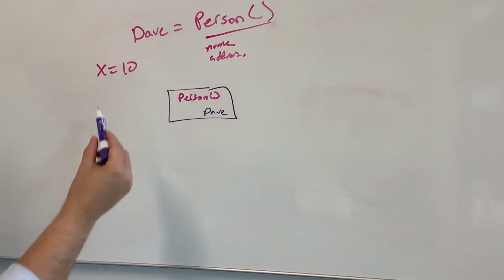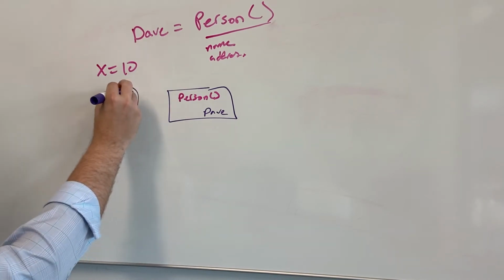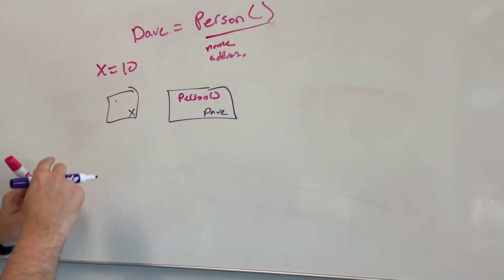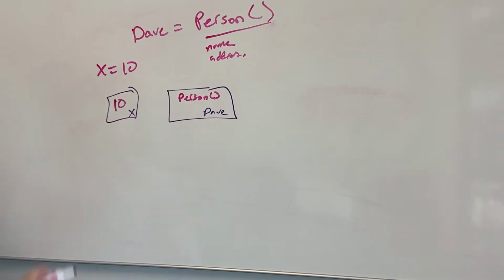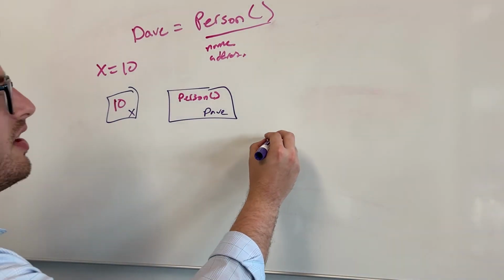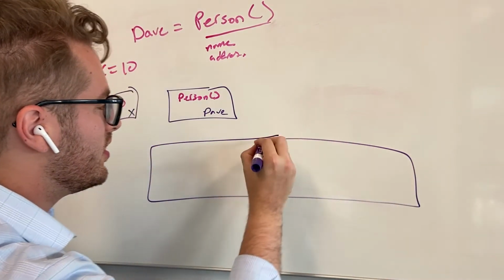We have a box over here also with x, and inside of it is 10. No big deal. There's no problem with that. But when we're talking about passing by reference, we're essentially saying that we can have multiple different variables point to the same place in memory. And that is an important concept. Let me give a second here. Let's draw this out.